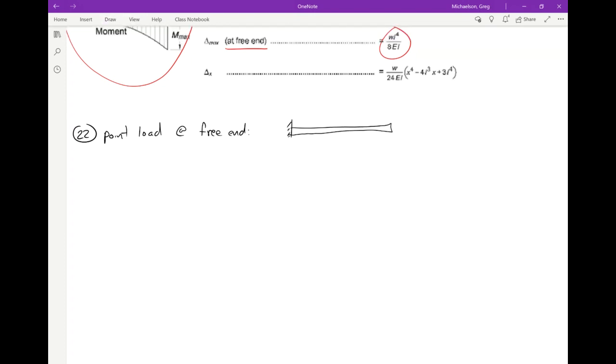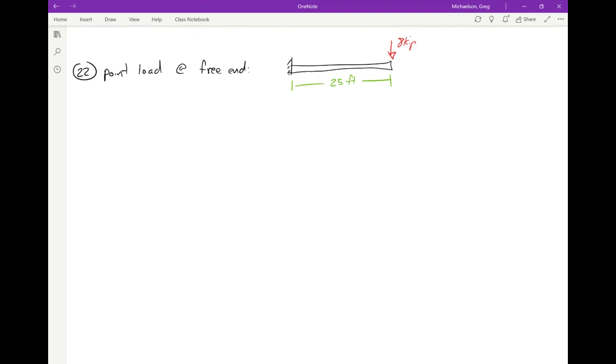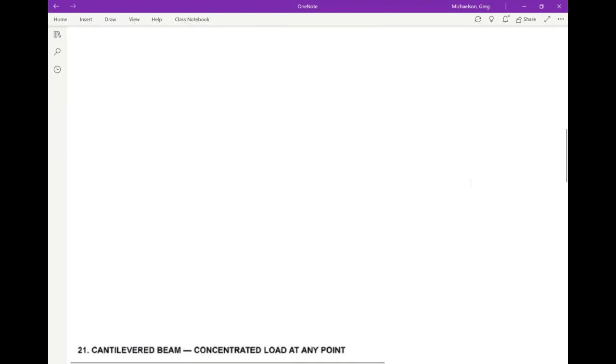Here's the beam, and the load out here was 8 kips, and the length of the beam is 25 feet. So I'm handling this load case first, then I'll handle the 15 kips later. Again, we go to the manual and see what it says about this load. Okay, so I go to case 22.